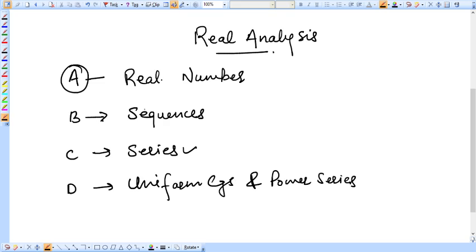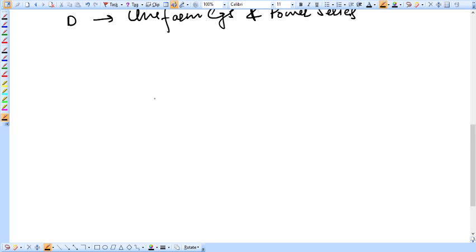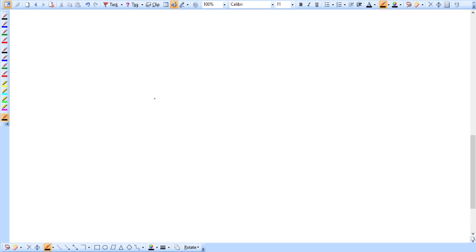So firstly we are going to start from section B, sequences, because this is quite an easy topic, so it would be pretty easy for you to understand this real analysis thing. As the name suggests, real analysis means analyzing real numbers, or you can say real functions.